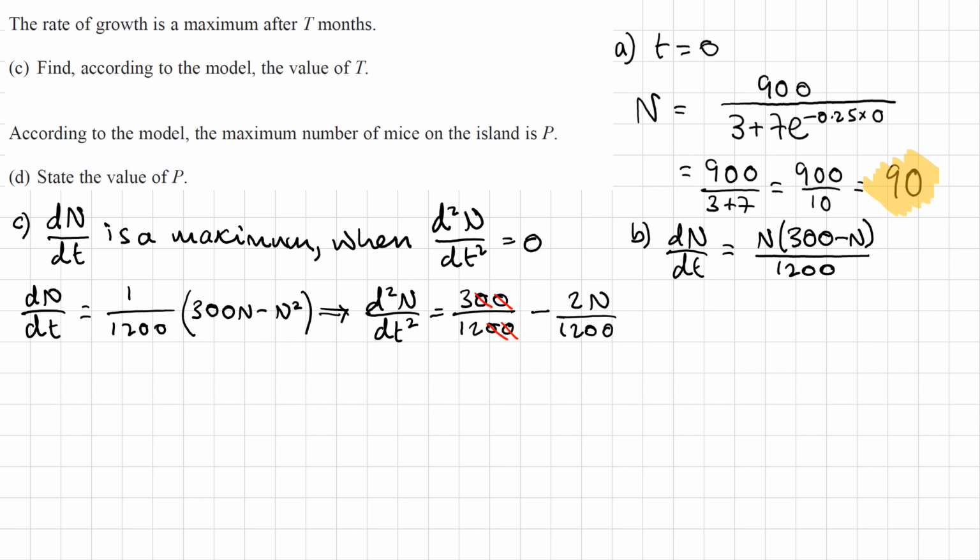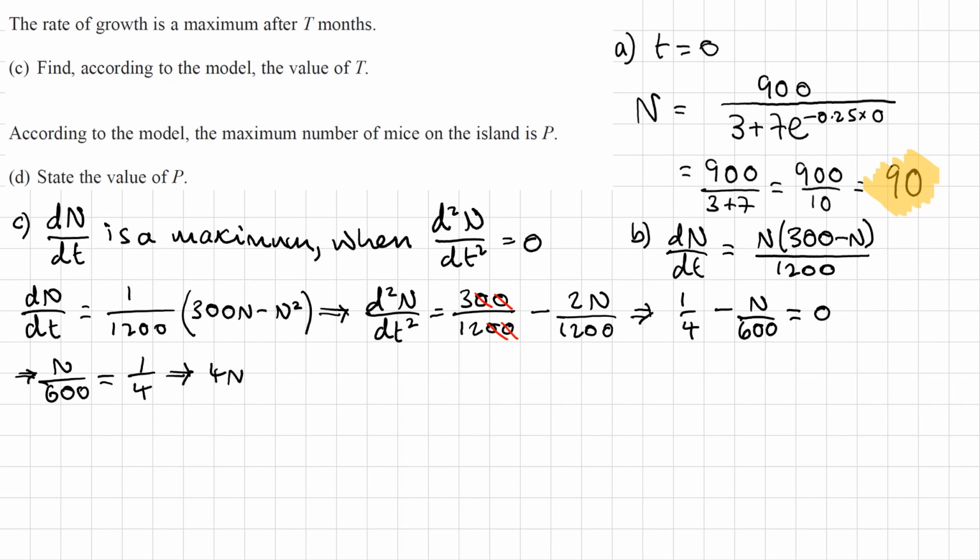So that will be 2n over 1200. Let's just simplify that and see what we get. So 3 over 12, as I said before, is a quarter. So we've got a quarter minus, and this will be n over 600. And I set that equal to 0. That means that I have n over 600 is equal to a quarter.